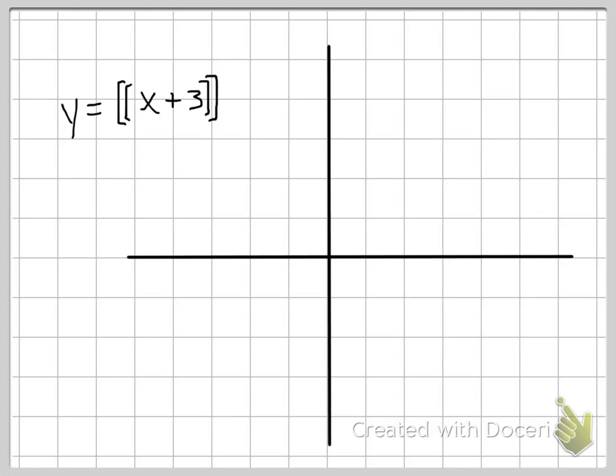Alright, so this one just has an h value plus 3, which tells me I need to go to the left 3. Well, normally it starts at 0, and it has my little stair steps, right, because you already graphed it. Okay, so I need to move it to the left 3. So I just moved it over 1, 2, 3.